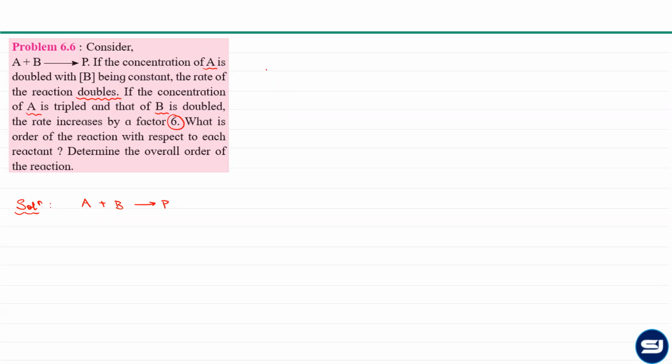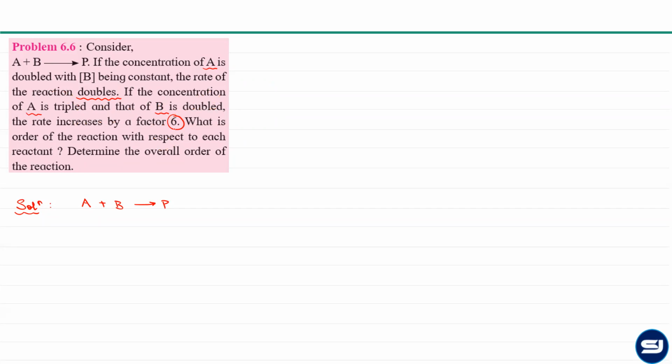So if both are assumed to be first order, then 3 into 2, the reaction rate will increase by a factor of 6. तो इसका क्लियर मतलब है कि if this order is 1, then only it will become 6 times. So it's multiplication, एडिशन नहीं है.